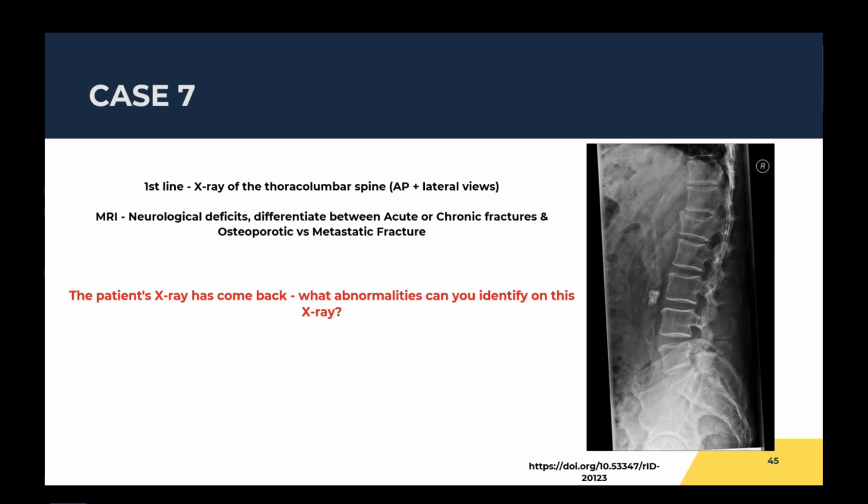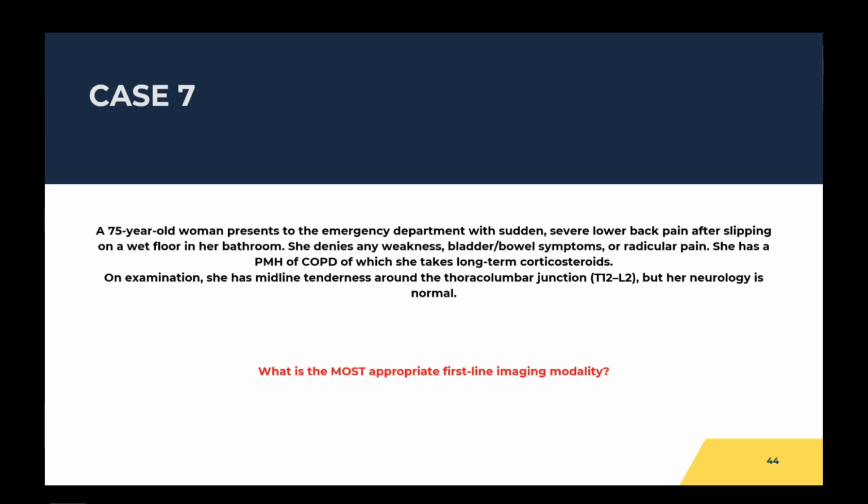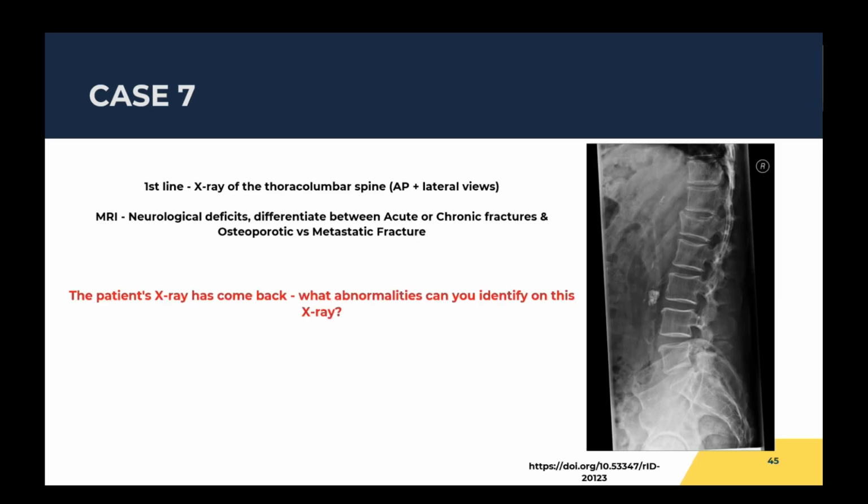However, in this patient, she's not experiencing any sort of neurological symptoms, so an MRI would be less indicated, but you may want to consider it as well. An MRI would be helpful to be able to differentiate between acute and chronic fractures and an osteoporotic versus a metastatic fracture.